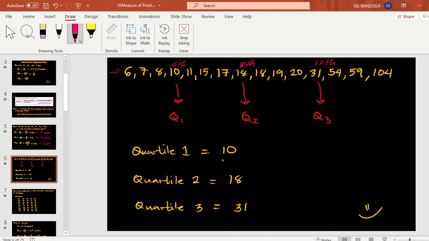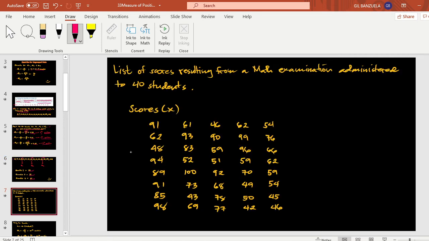So therefore, quartile number 1 is 10, quartile number 2 is 18, and quartile 3 is 31. And that's how to get quartile 1, 2, and 3 for ungrouped data. I hope that is clear.